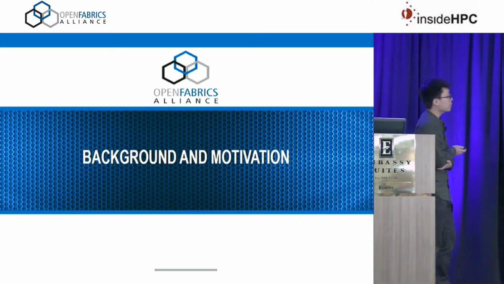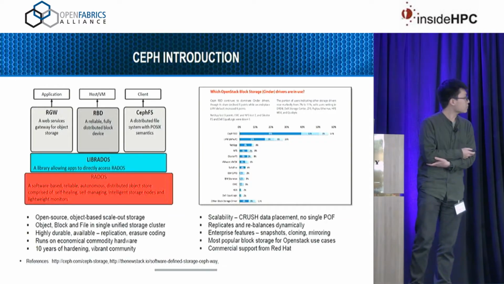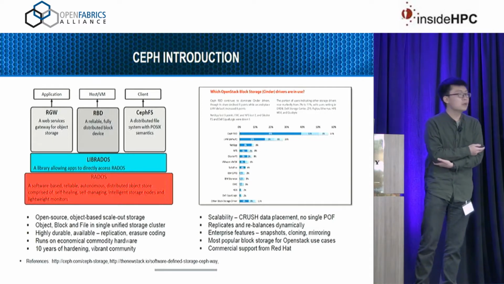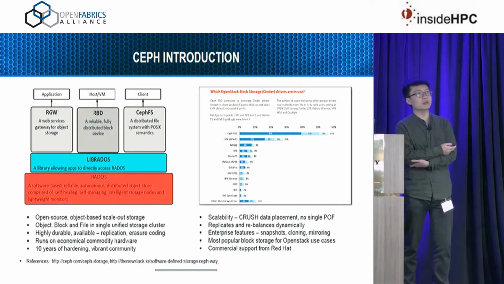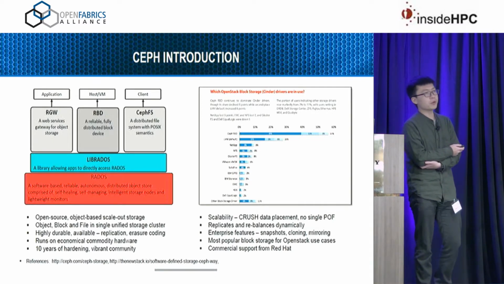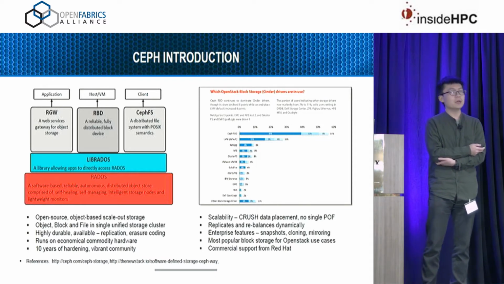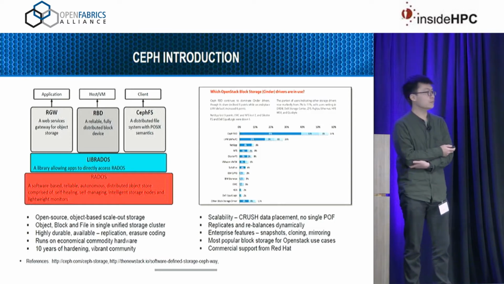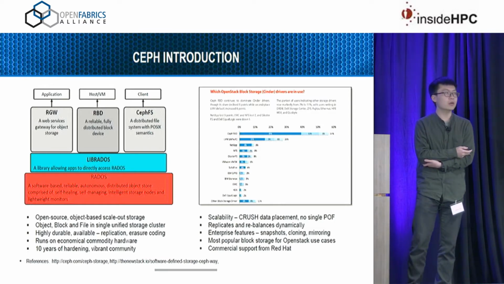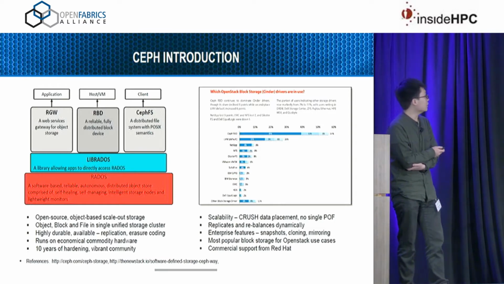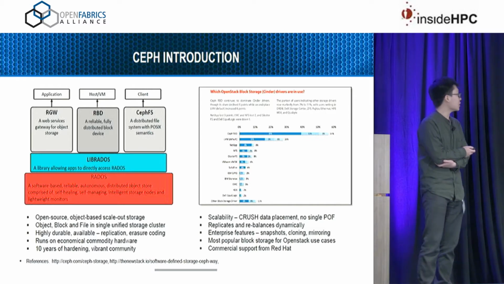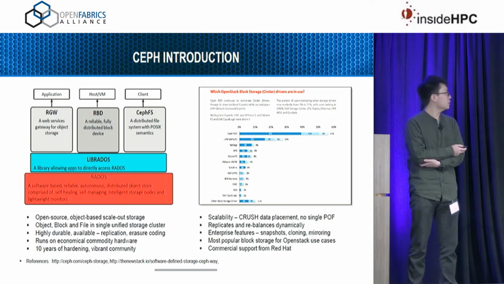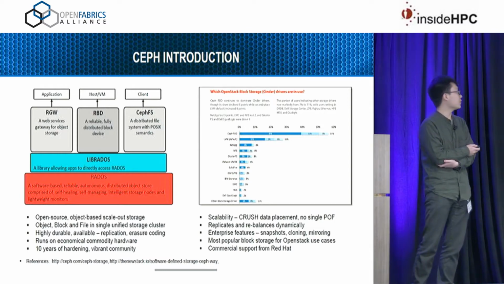So, the background and motivation. Ceph is one of the most popular distributed storage systems in the big data and cloud ecosystem. Ceph supports all different kinds of interfaces, such as object interface, block interface, and file system interface.